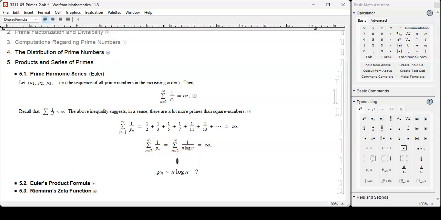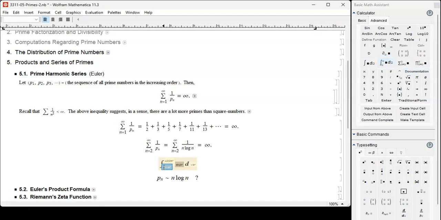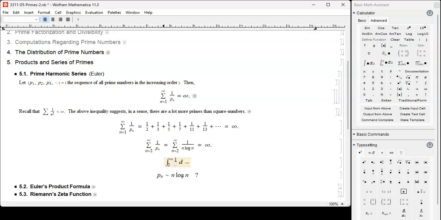You can prove that this integral, the integral from 2 to infinity of 1 over x log of x dx, is the log of log of x, evaluated from 2 to infinity.